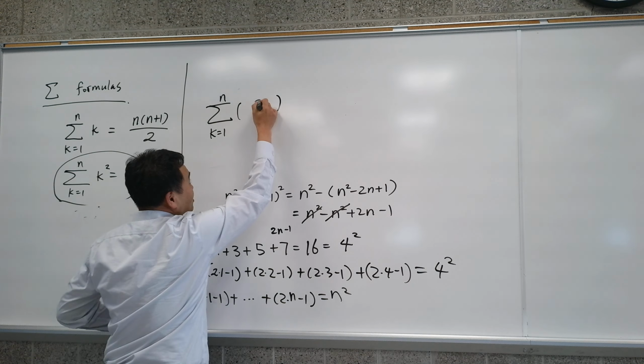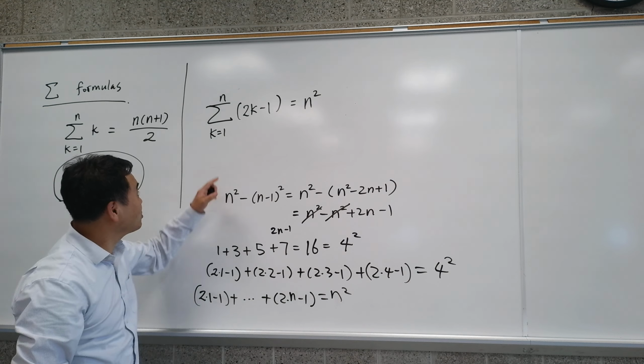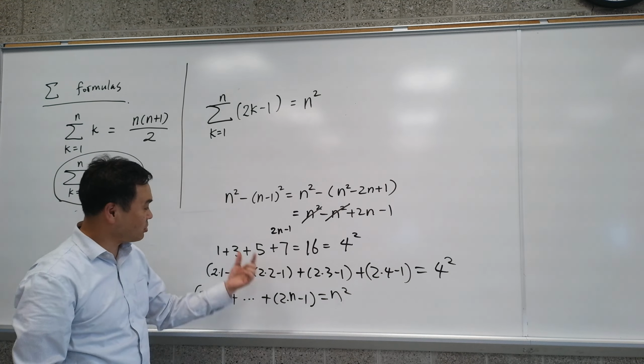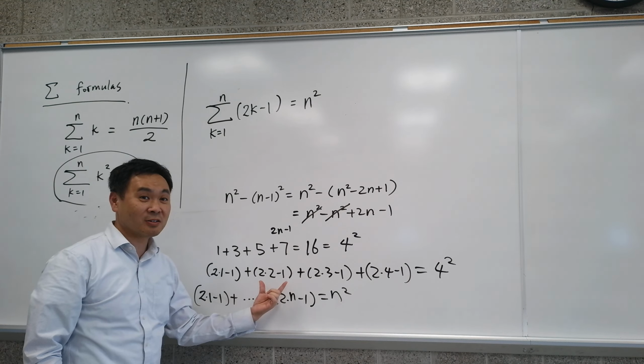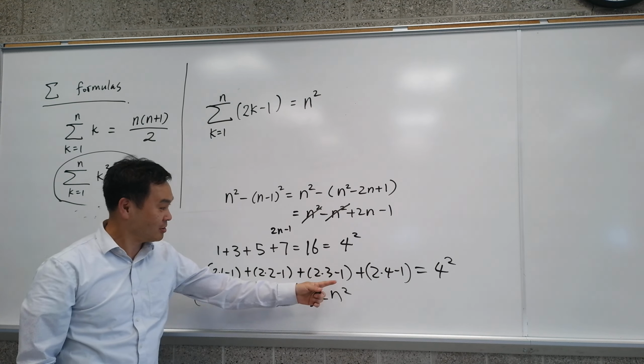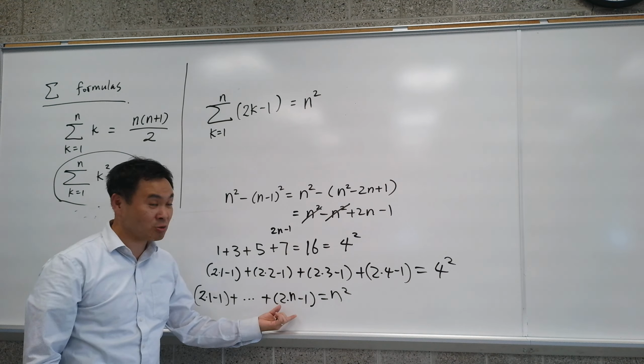So what should go in here? Then when k is 1, it's going to produce exactly this. When k is 2, it's going to produce this. And all the way up till k goes to n, that produces this last one. So this can now be rephrased like that.